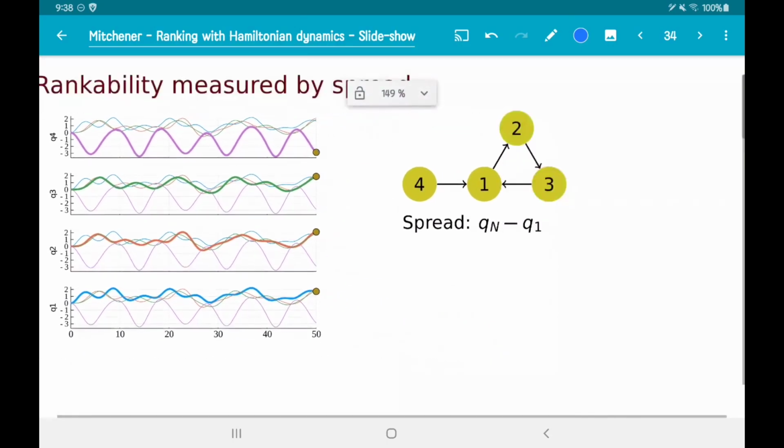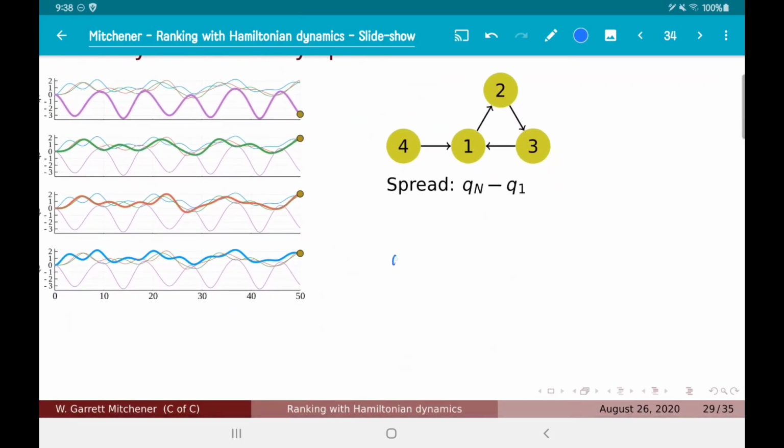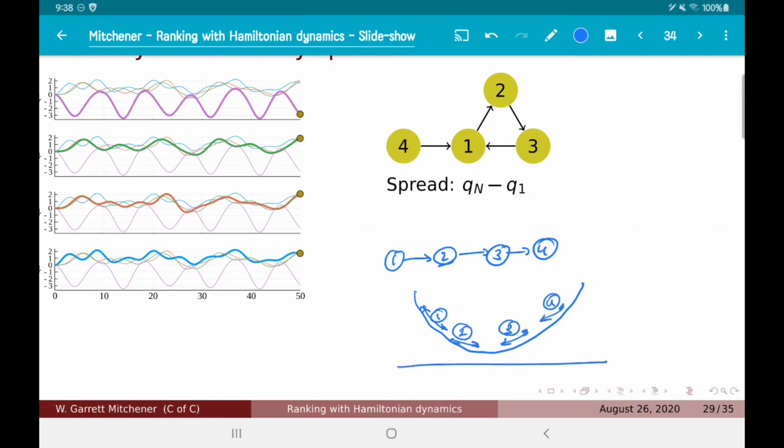Now, if the particles formed a more definite line, like a chain like that, then what would happen dynamically is you can again imagine the particles inhabiting this well, and they would push on each other so that particle 1 oscillates over here somewhere, 2 oscillates there, 3 will oscillate over here, and 4 will oscillate over there. So Q1, Q2, Q3, Q4, and then this is that Koch potential.